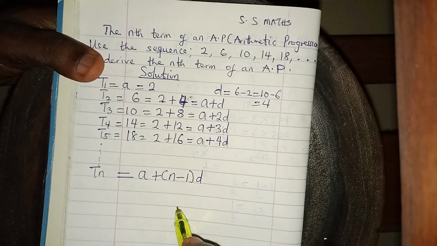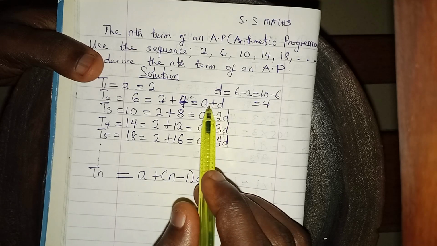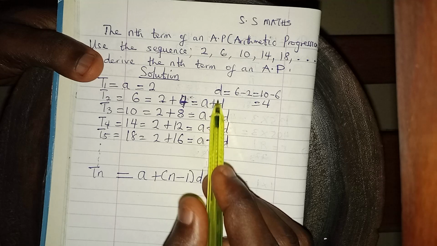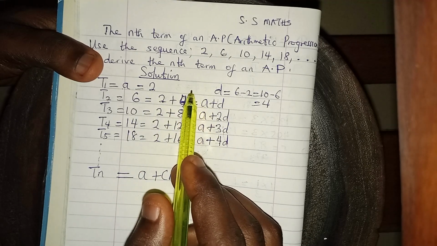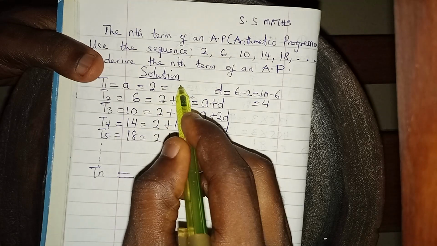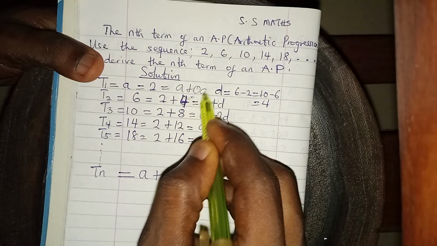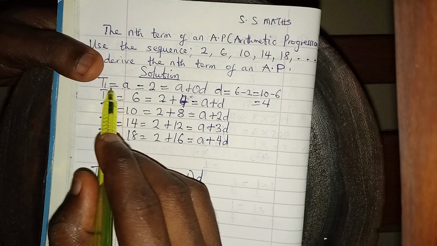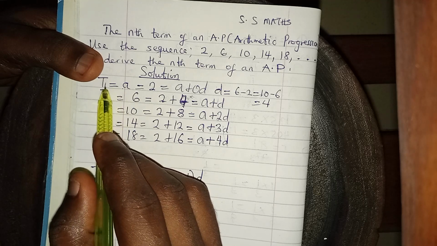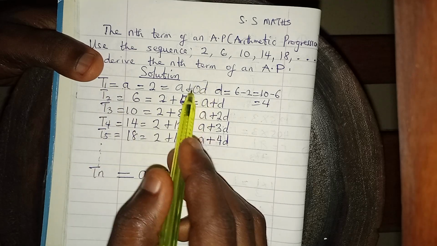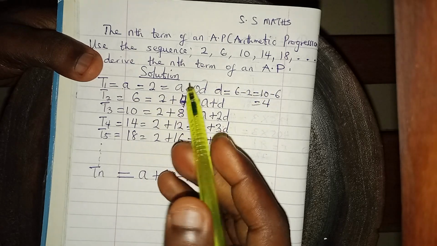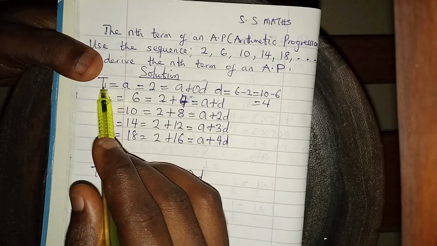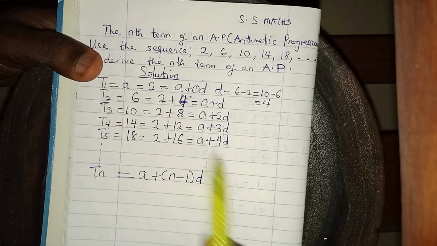The first term can also be written as A plus 0d, where the 0 is gotten by saying 1 minus 1. But there's no need to write this, because 0 plus A gives me A. That's why we only say the first term is A.